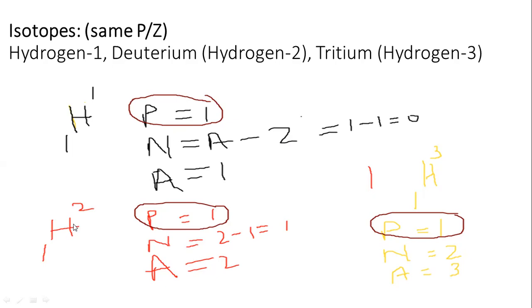As I have said before, whenever it is hydrogen, the atomic number must be 1, or if you say which nuclide or element has atomic number 1, it must be hydrogen. So protons are 1. Now the mass number is 2 and the number of neutrons, 2 minus 1, is 1. And the third example is tritium, atomic number 1 and mass number 3, number of protons is 1, number of neutrons is 2, 3 minus 1 is 2, and the mass number is 3.